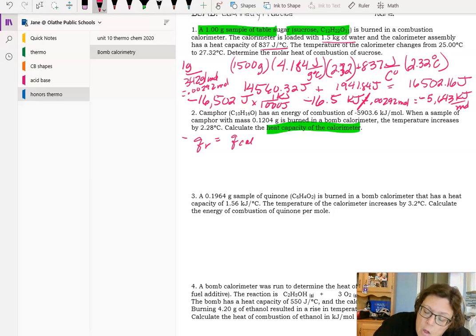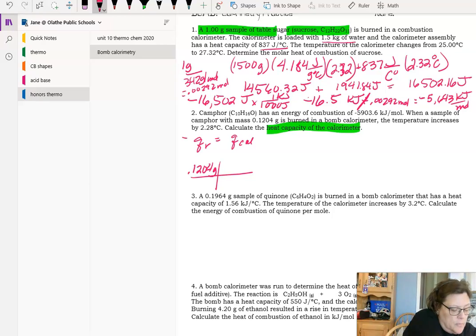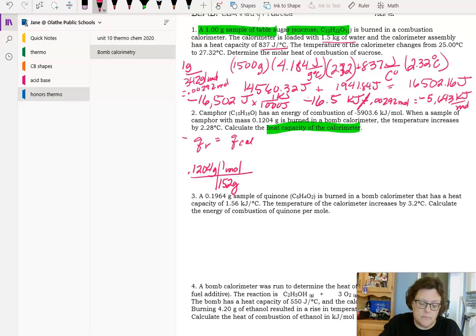Okay? We had camphor. We had 0.1204 grams of camphor. The molar mass of camphor is 152 grams per mole. So that would be 0.1204 divided by 152, which is 0.000792 moles of camphor. Okay?